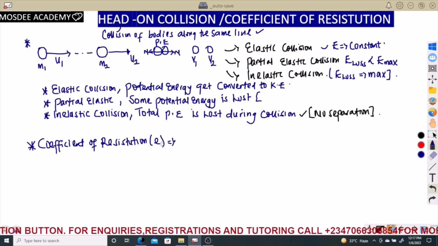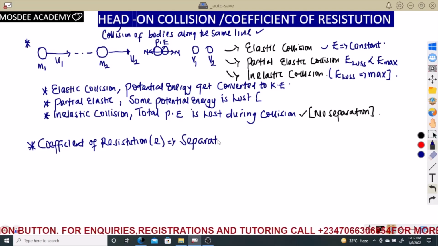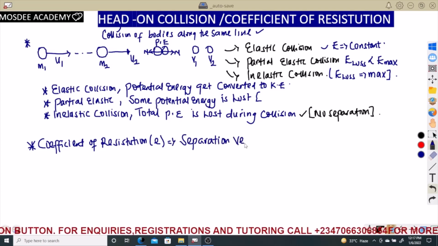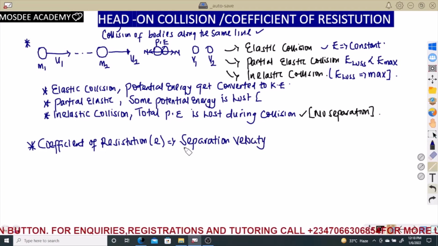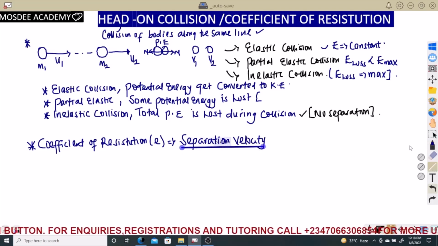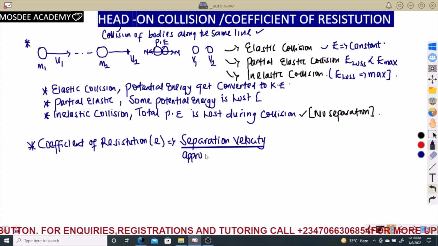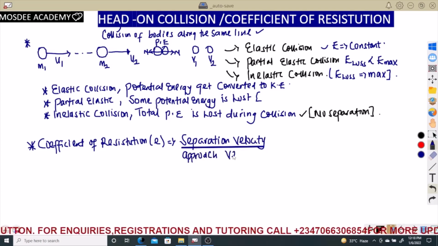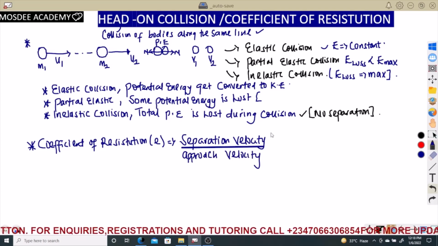It is just giving us the separation velocity. I'll give it in simple language: separation velocity divided by approach velocity. This is my own definition, which is good. So separation velocity divided by approach velocity.